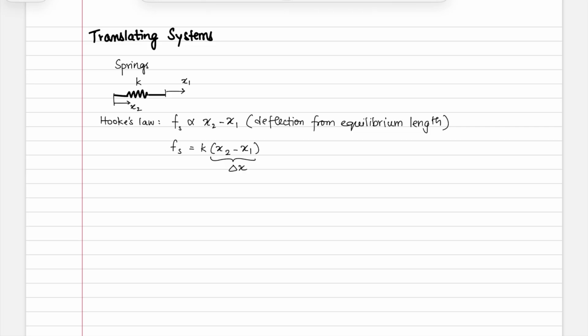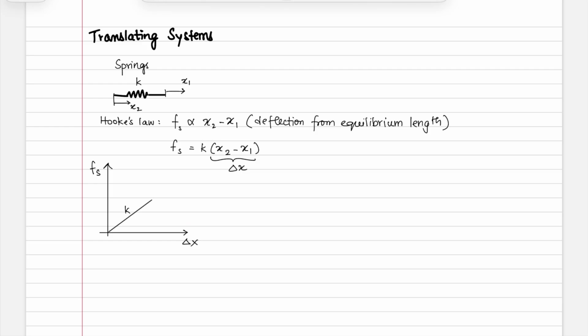So what does that mean? It means that if you were to draw on the right hand side delta x, and on the vertical axis you have the force in the spring, then this is going to be linear, and that slope is going to be slope k.